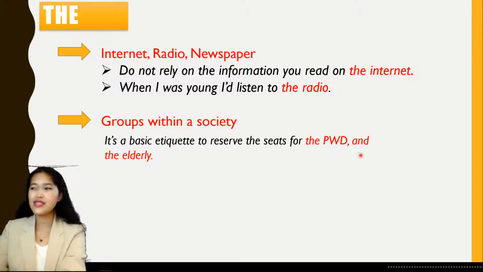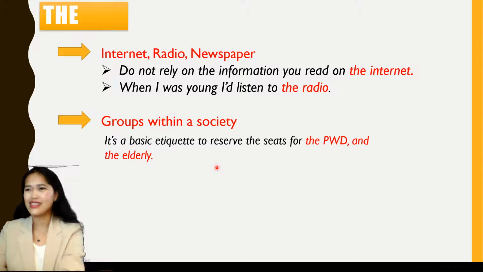But it's person with disabilities, and that can include being overweight. It is a basic etiquette. I hope you reserve the seats, and if someone rides the bus or the train, a PWD or an elderly person, it's a basic etiquette that you give up your seat, right?